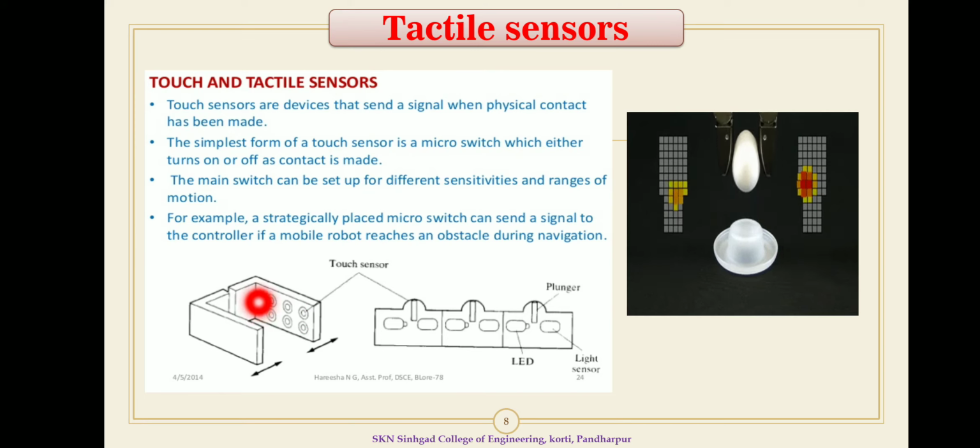The tactile array is called artificial skin. An object pressing against the surface causes local deformation, which is measured as a continuous resistance variation. So this is the simple construction of a touch sensor or tactile sensor.